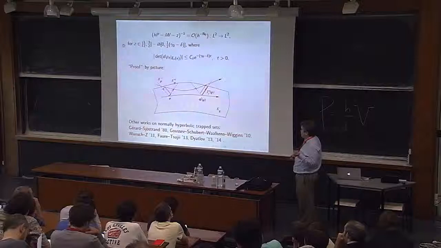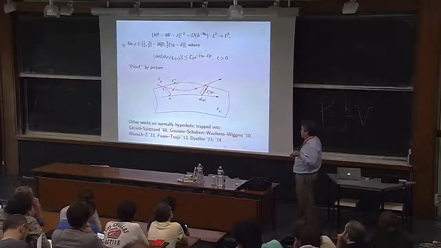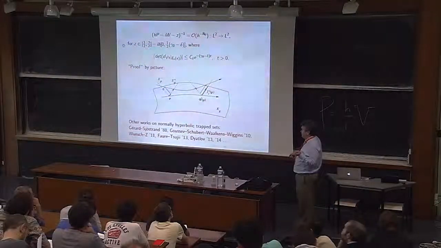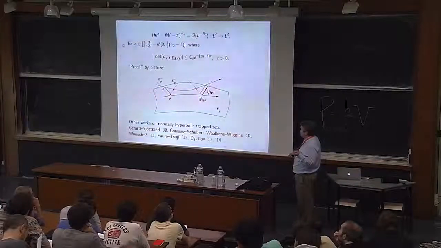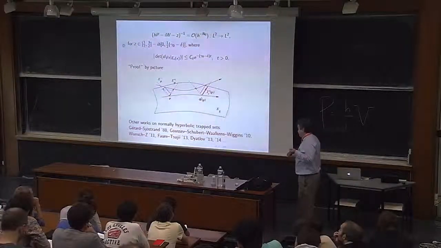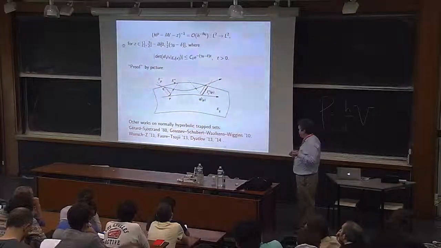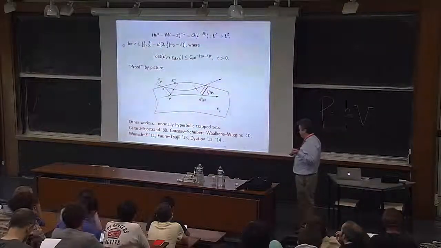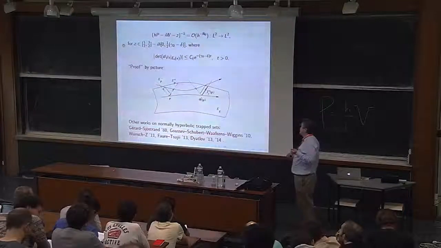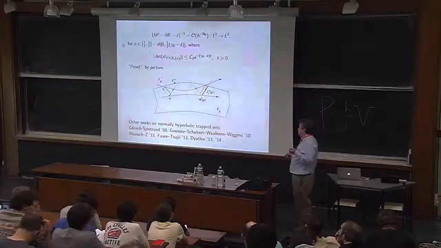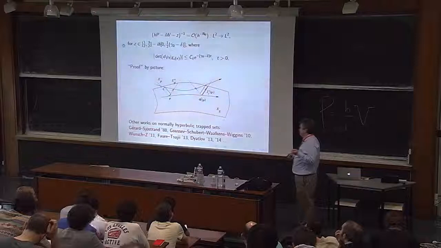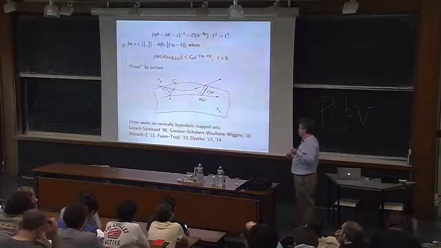Of course, there are other works on normally hyperbolic trapped sets, the work of Gérard and Sjöstrand, the analytic case, and this is a mathematical paper. Wiggins has a whole book on normally hyperbolic sets with applications to molecular dynamics. As far as I know, the connection to black holes was pointed out first in my paper with Wunsch.